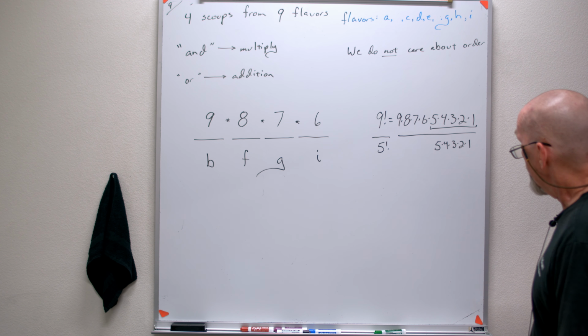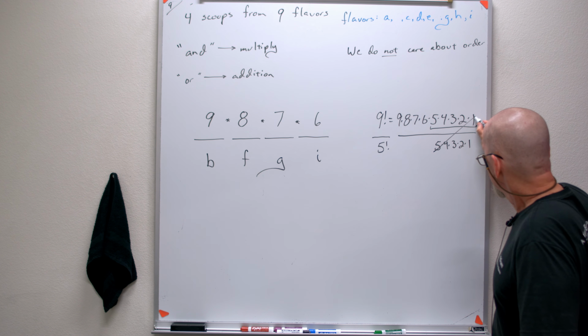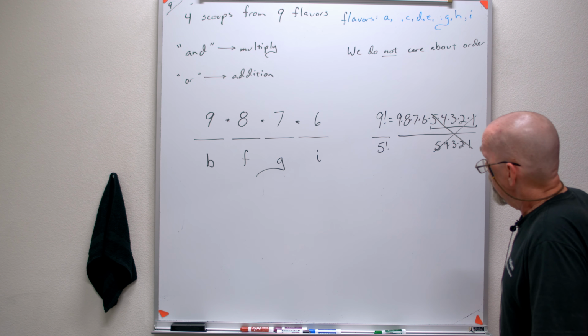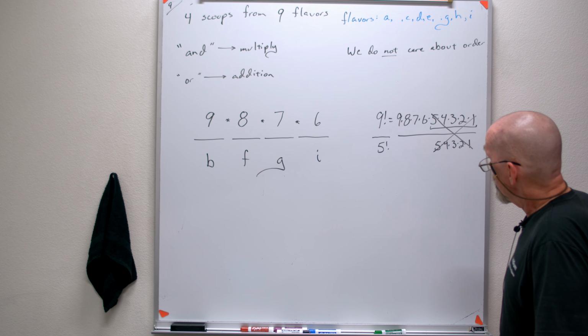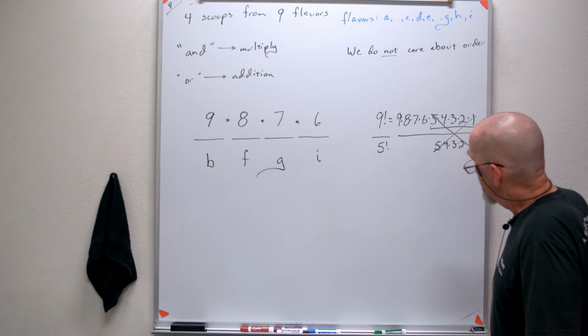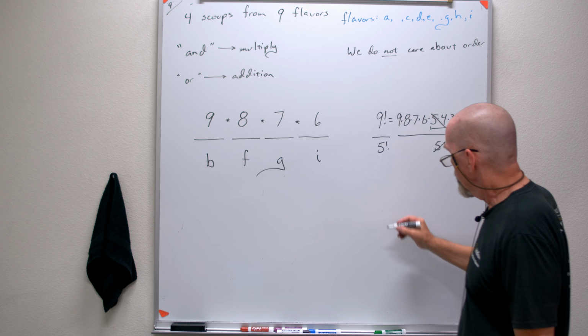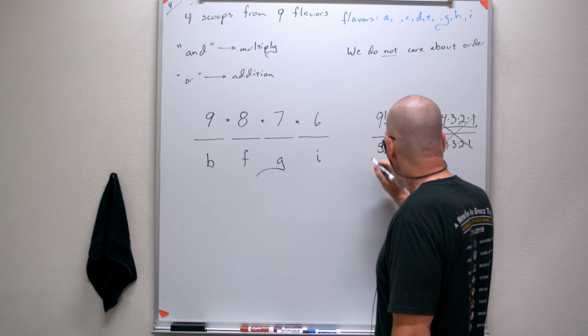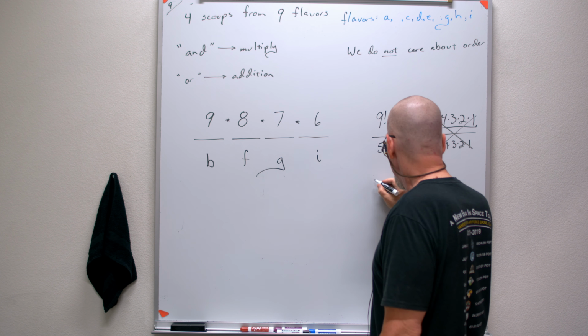Like that. So if we do that, those cancel. We're just left with 9 times 8 times 7 times 6. And this is what we'd actually have for a formula for what's called a permutation: 9 factorial over 5 factorial. They usually use the letters N and R.